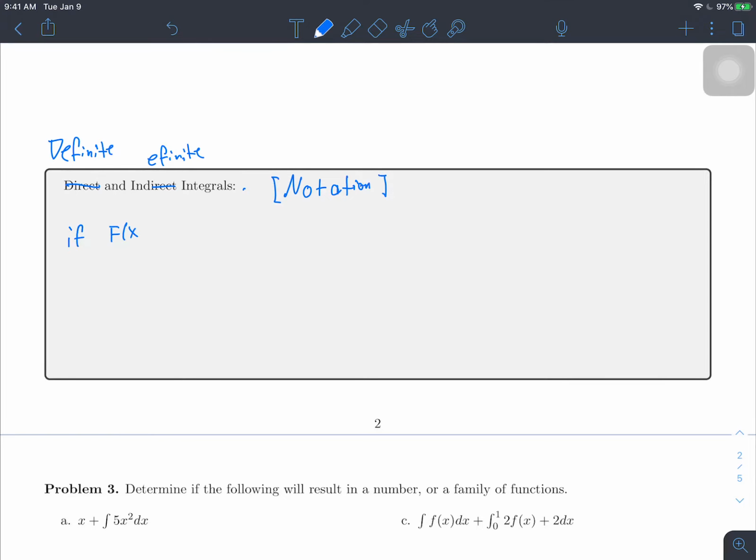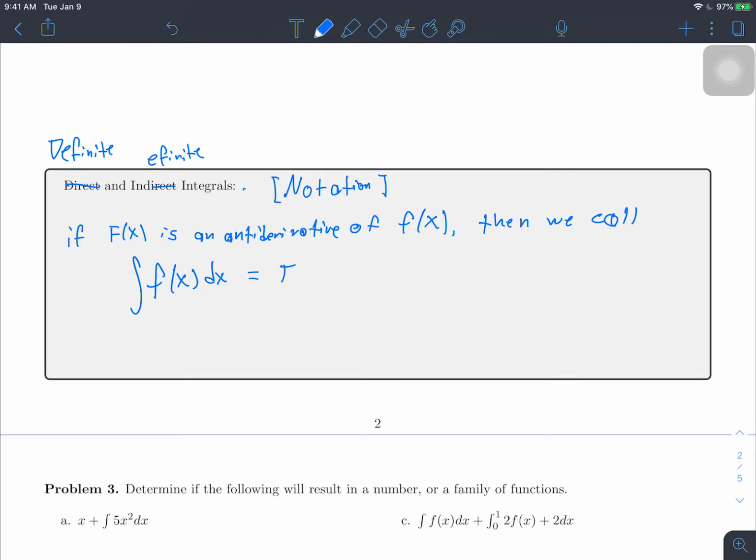If capital F of x is an antiderivative of little f of x, then we call this thing, integral sign f of x dx equals capital F of x plus c, the indefinite integral of f of x.